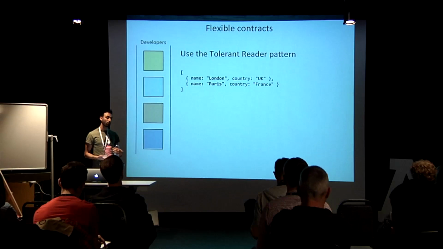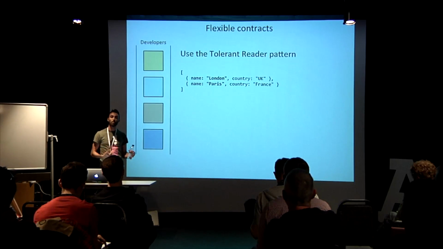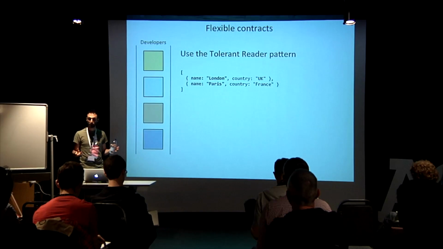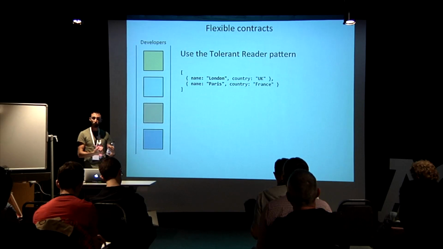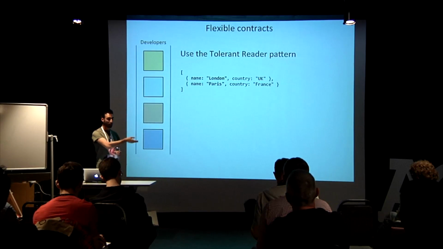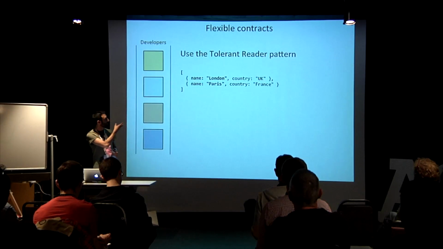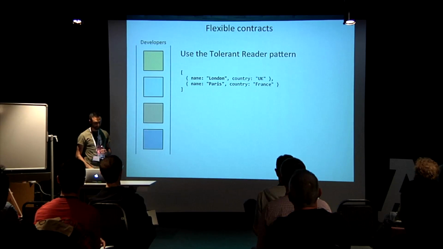Essentially the idea of the tolerant reader is you bind to that part of the response that you actually care about, and you let the rest of that response vary as much as you like. It shouldn't actually cause you to fail when you call that system. So they're free to remove the country, to change its name, to change the data type, to move it somewhere completely different. So long as the name property is available in each city object, we're fine.